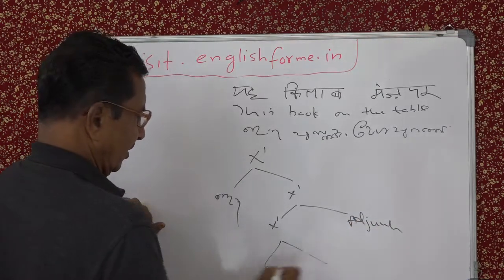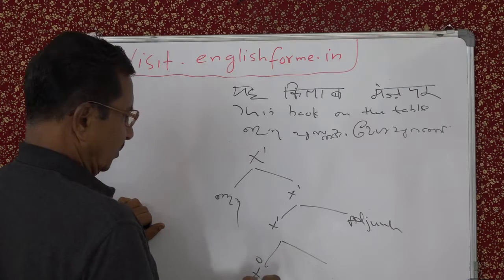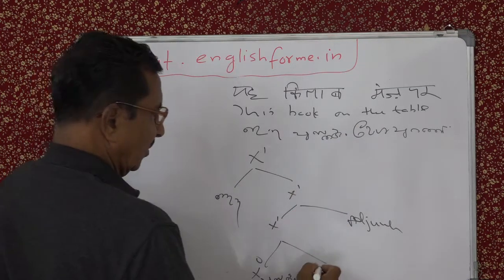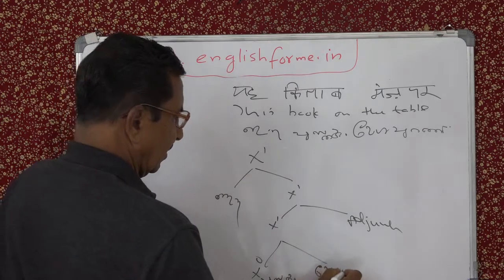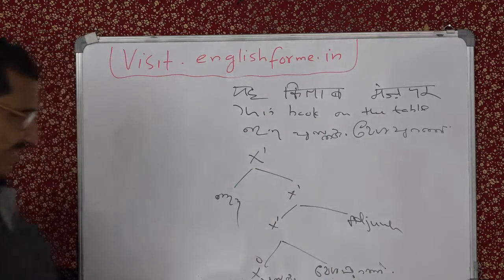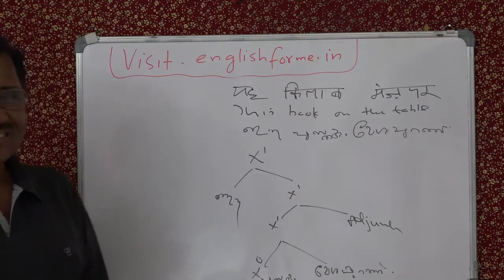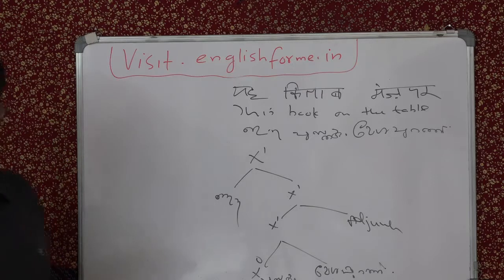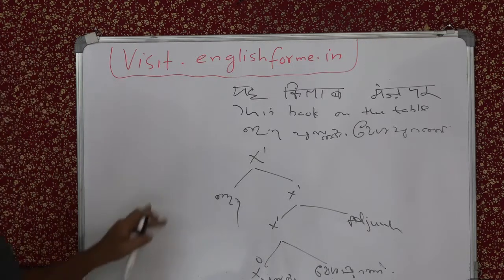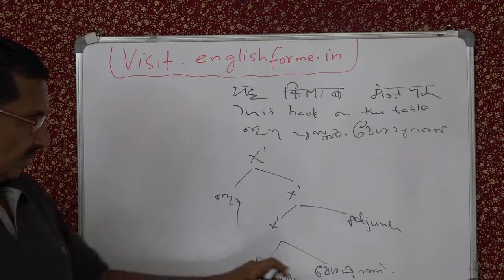And you have got X0, Pustakam, and Meshapurathu. So 3 languages I showed you this. If you want an adjunct, you can say E, Pustakam, Meshapurathu.